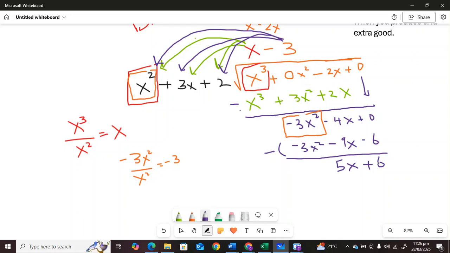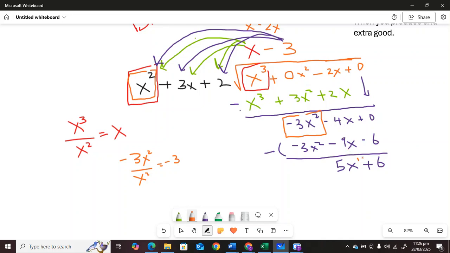Now, colleagues, the cycle stops when whatever expression you have, if the power is less than this one here, since this is x to the power 2 and this is x to the power 1, we can't proceed. So we end here.